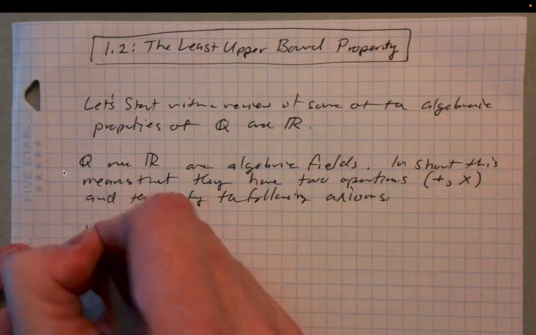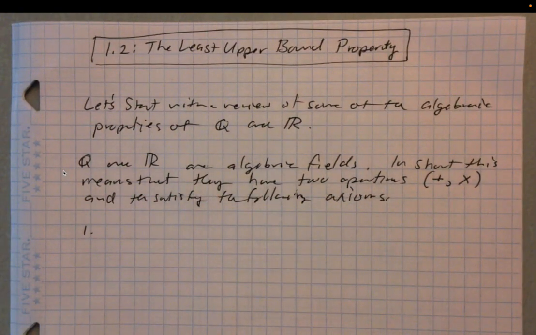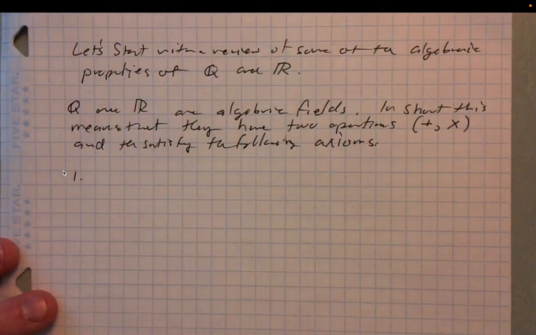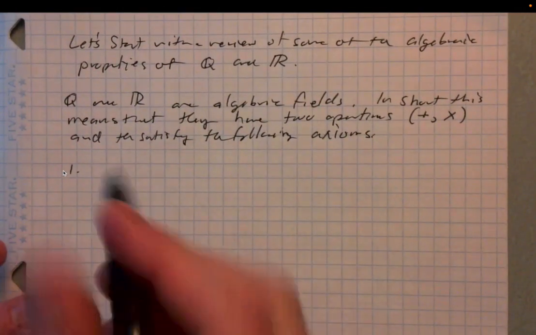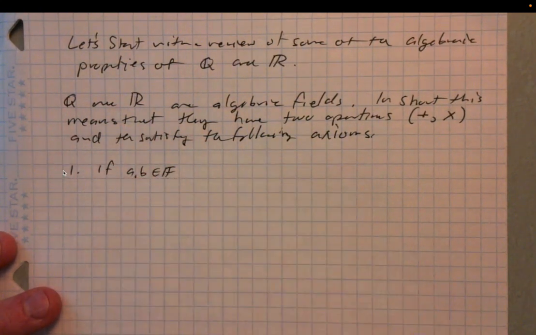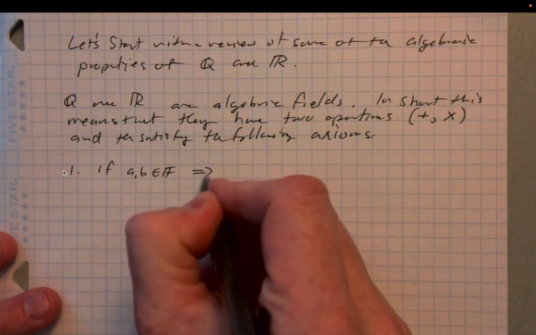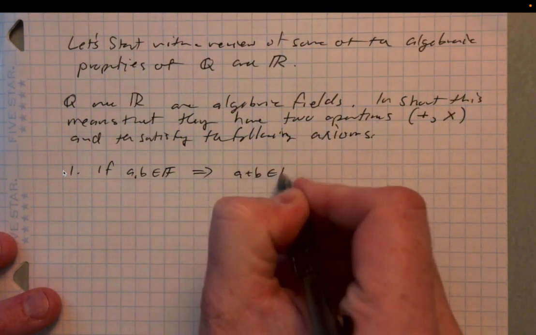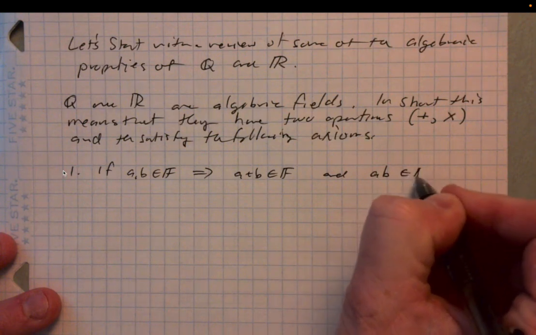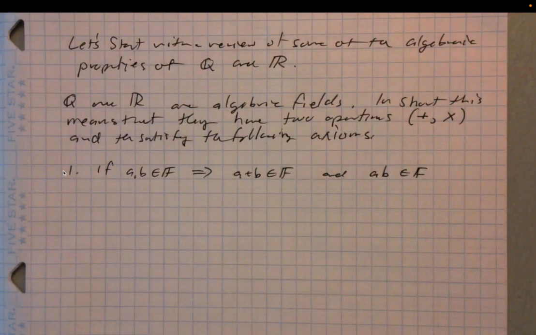Well, let's go through them. Many of these will be familiar to you. Some may not, depending on your background. So these are the field axioms. If a and b are in a field F, then a plus b is in F and a times b is in F. This is a concept known as closure.